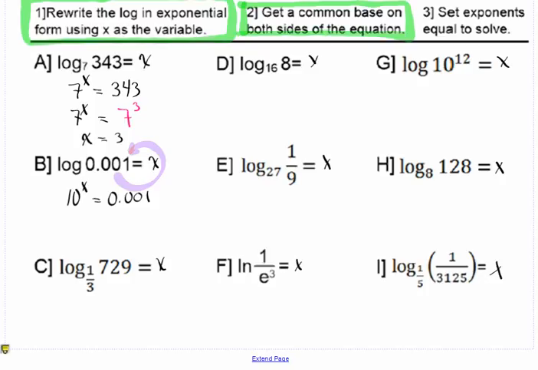This is where you're going to have to do a little bit of calculator work. What power of 10 gives me 0.001? Well, that is a negative power, because this is 10 to the negative 3. So x must equal negative 3. Okay? Now C.